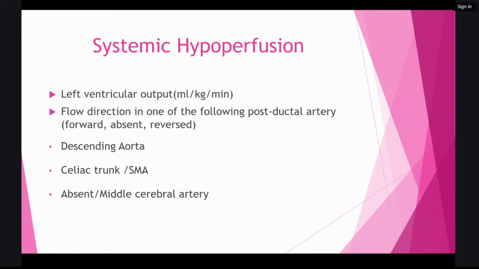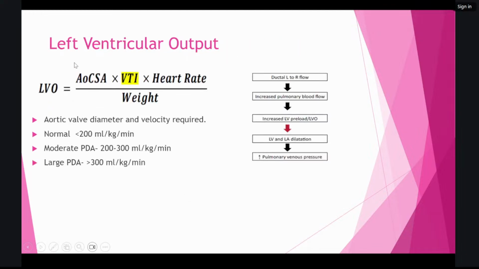Coming to the systemic hypoperfusion, it is generally seen by the left ventricular output, which is calculated in ml per kg per minute. The flow direction is assessed in one of the following postductal arteries, which are the descending aorta, celiac trunk, and the anterior and middle cerebral artery. So for the left ventricular output, we need the aortic valve diameter and the velocity.